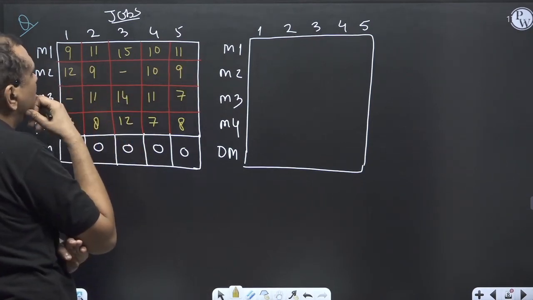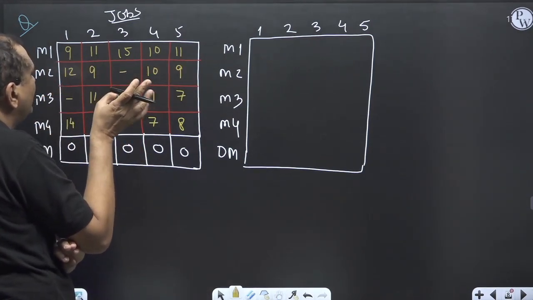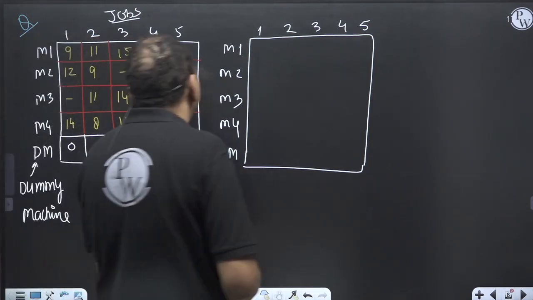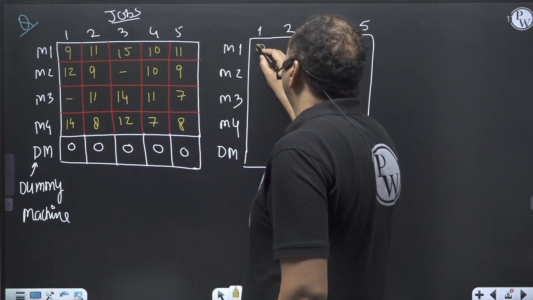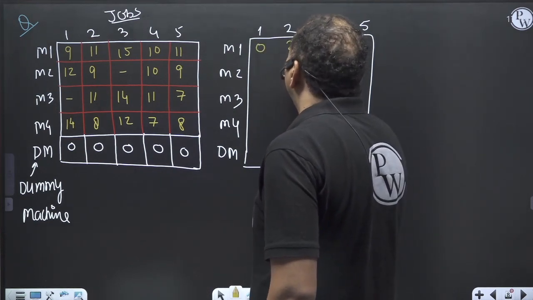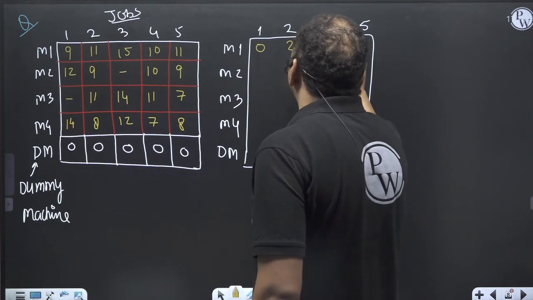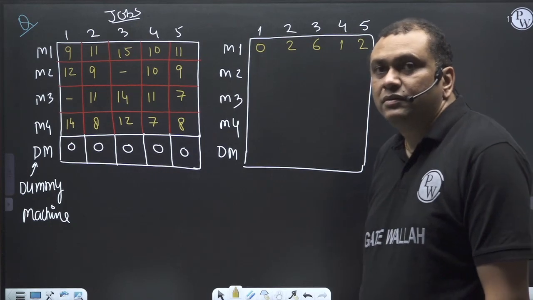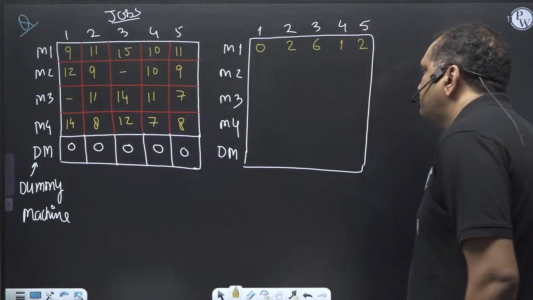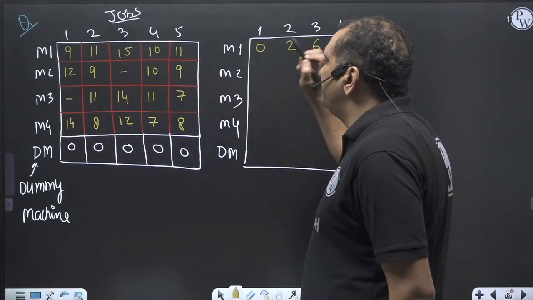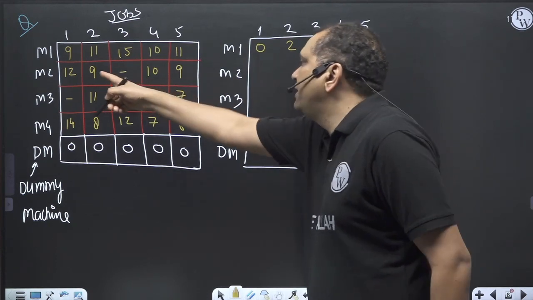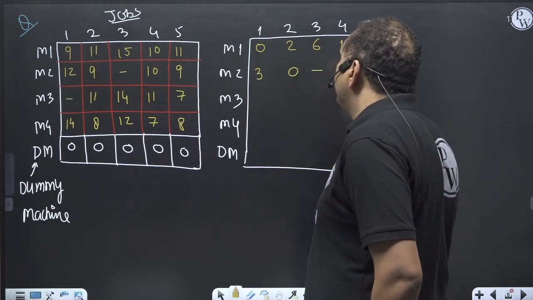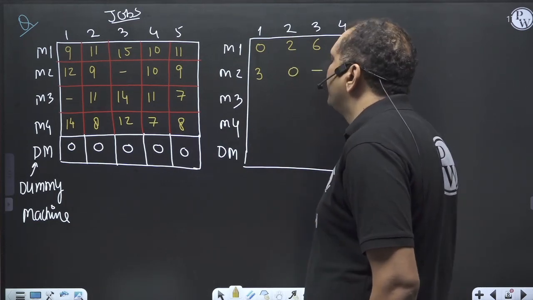First row, the minimum number is 9. Subtract 9 from each and every element of the first row: 0, 2, 6, 1, 2. Second row, the minimum number is again 9, so subtract 9 from each and every element: dash, 1, 0.